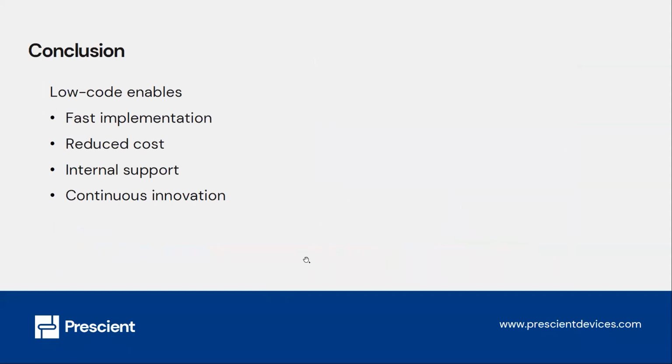So finally, what we have discovered is that this low-code framework enables fast implementation, reduced cost, internal support, and ultimately, what's important is that it enables continuous innovation without having to invest in huge, expensive software teams.